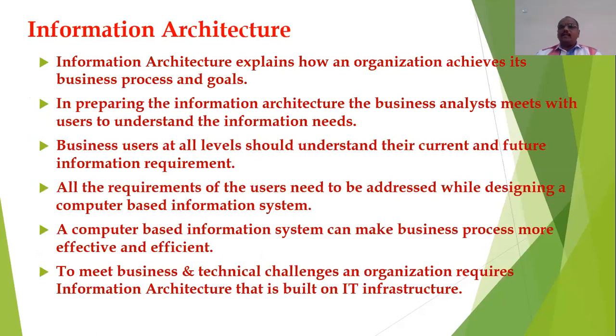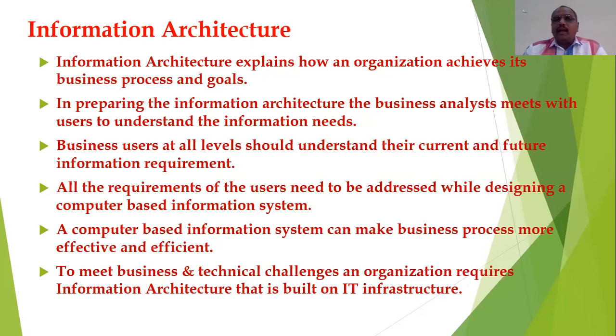The next idea, we are going to complete, is called information architecture. Whenever we are talking about business processes, information architecture is the most important area: how the data or information is structured.